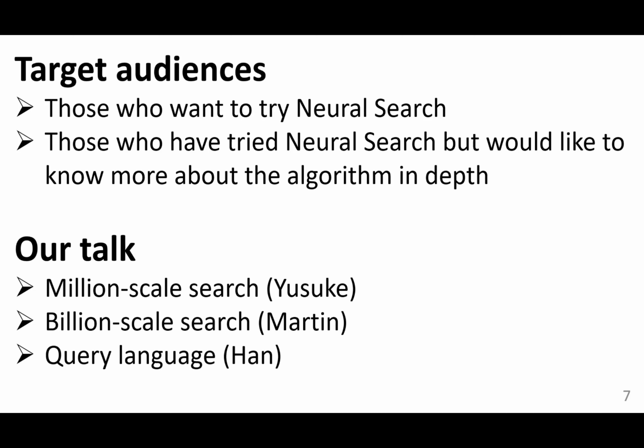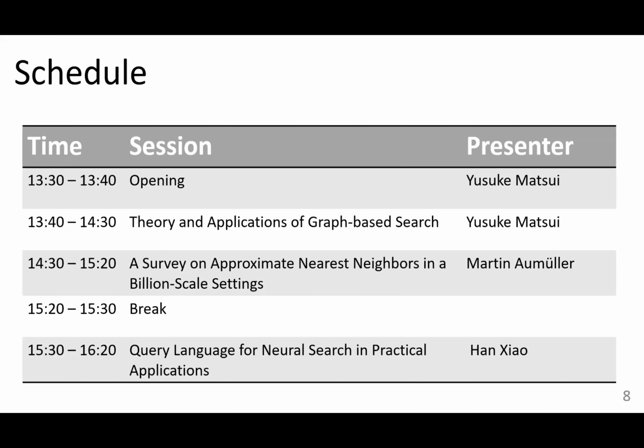The next part, Martin will explain billion scale search. In that case, often all the data cannot be loaded into memory, so it's a kind of hard task. And finally, Han will introduce his very interesting open source project, DocArray, which is a foundation of data representation for multimodal stuff. So it's interesting. Okay, this is the schedule.